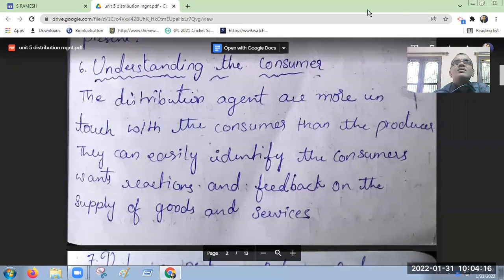Understanding the customer is very important. In the previous class I mentioned one example. The producer is situated in Delhi or Mumbai, let us take for example, whereas the ultimate customer is situated in a remote village in Telangana of India.